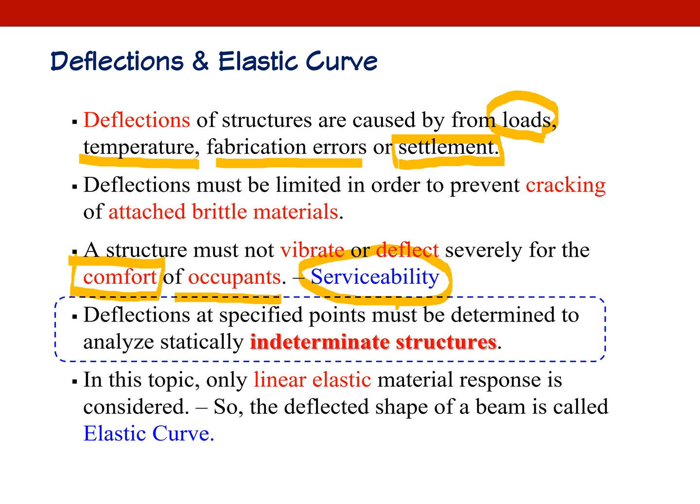If your structure or beam is in the plastic region, the deflected shape of the beam or structure will be different from what we are discussing here. So we are going to call the deflected shape of a beam in this class the elastic curve.